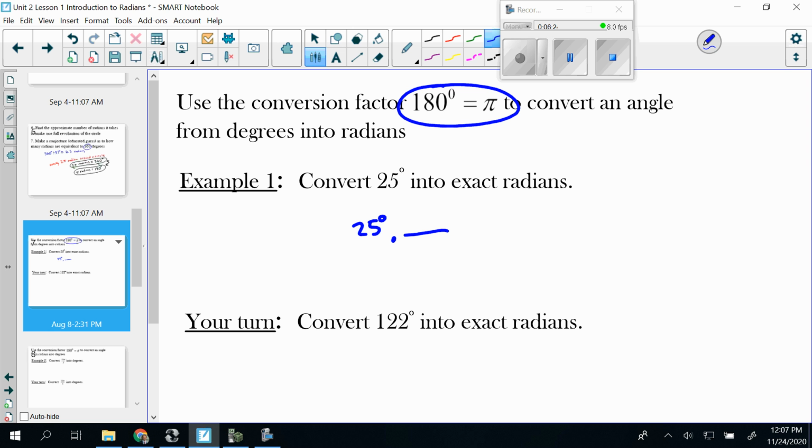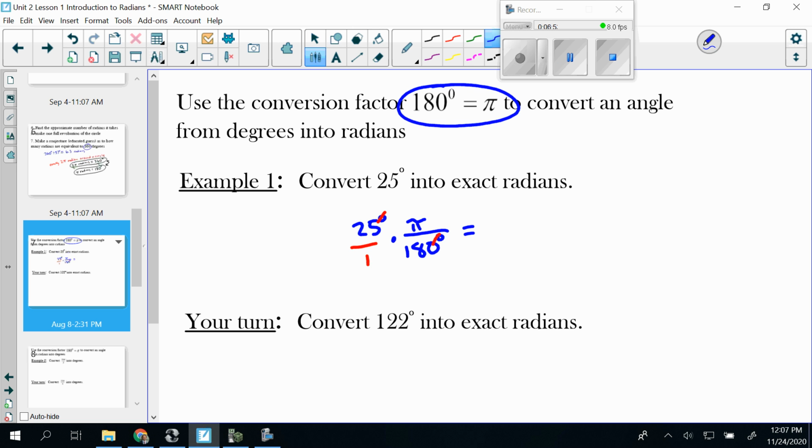Because we want our answer in radians, we want degrees to cancel out. So if I have 25 degrees as a numerator, I can make this into a fraction by putting it over 1. I want my degrees on the bottom so that they cancel out. And then 180 degrees is equal to pi radians, so that would be the conversion factor that we multiply by.